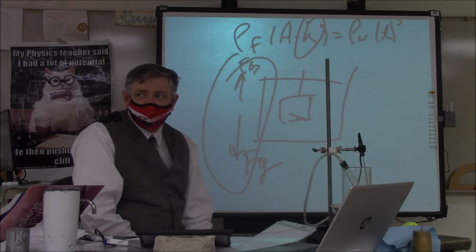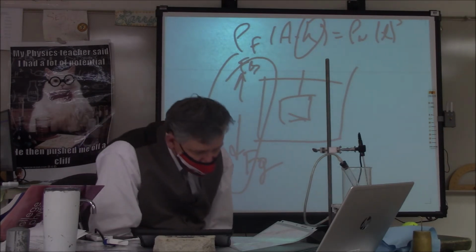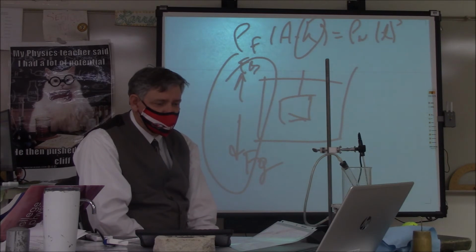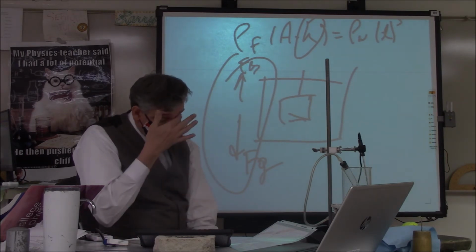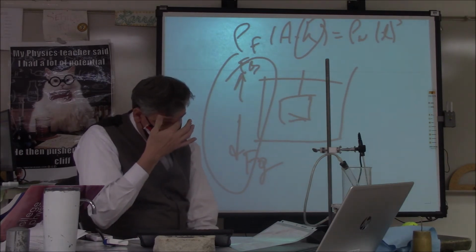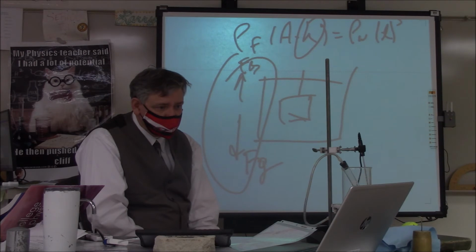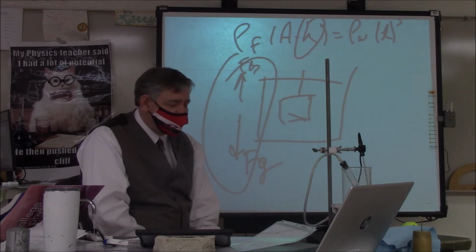I have a question about something I did on 23. I worked it differently than you, but I still got the right answer. I found the buoyant force of the water in the seawater, and then I put that in.